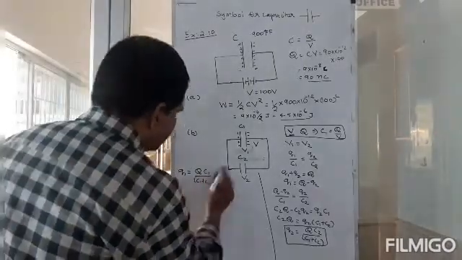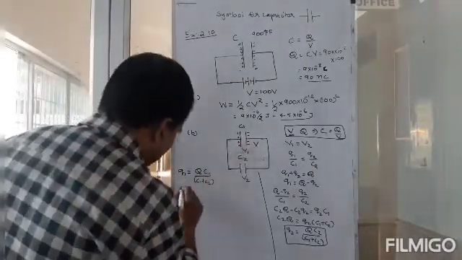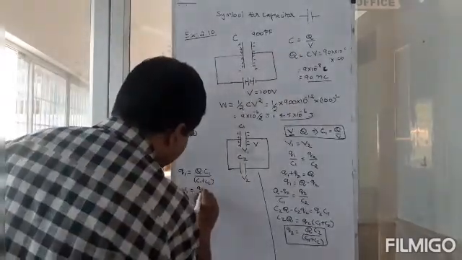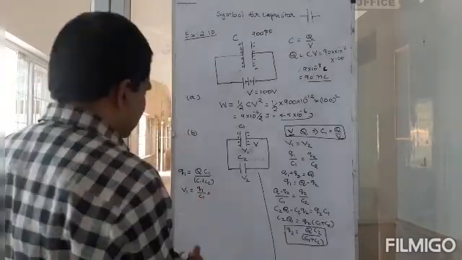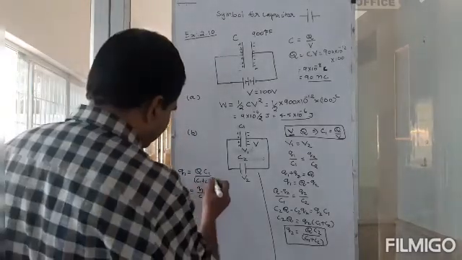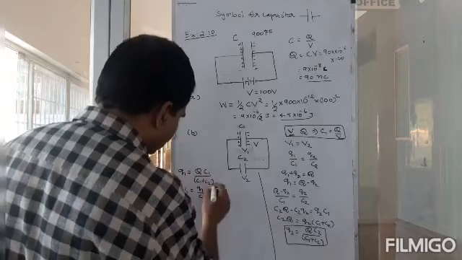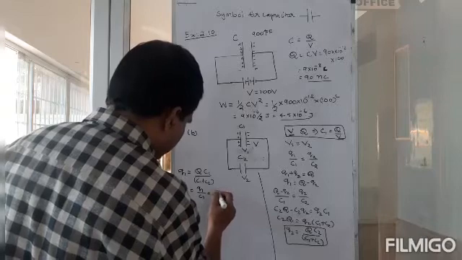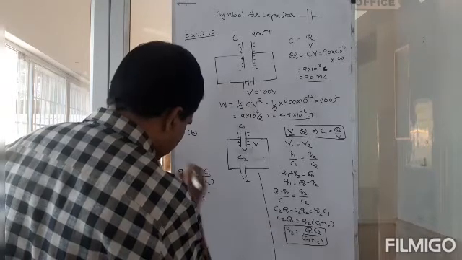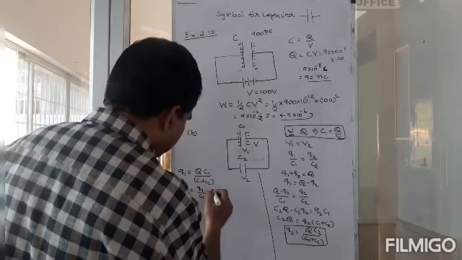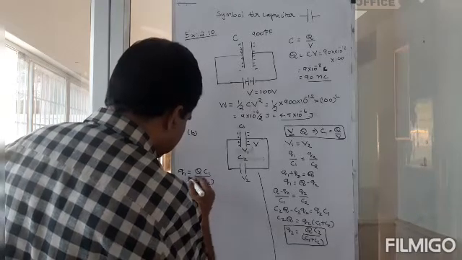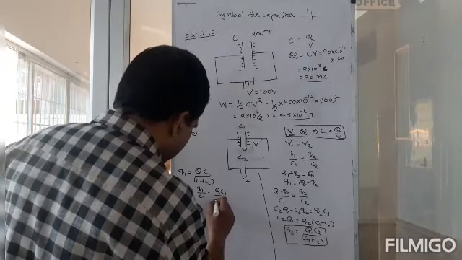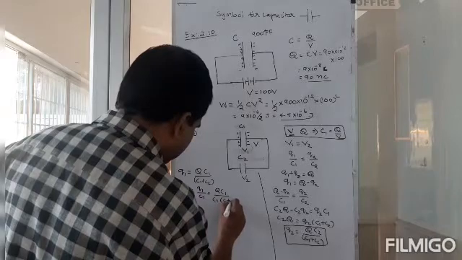So voltage across this one, V1 is equal to Q1 by C1, so that is going to be equal to Q C1 by C1 into (C1 plus C2), right?